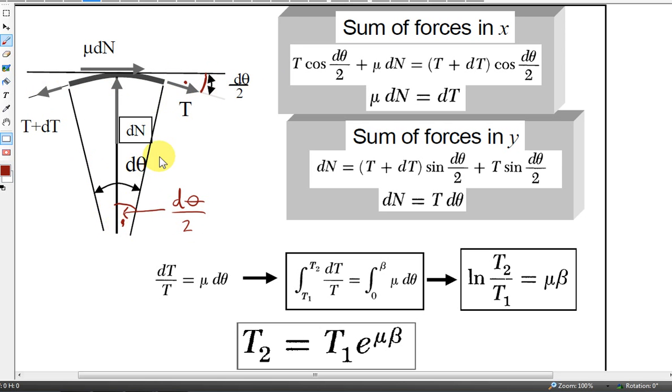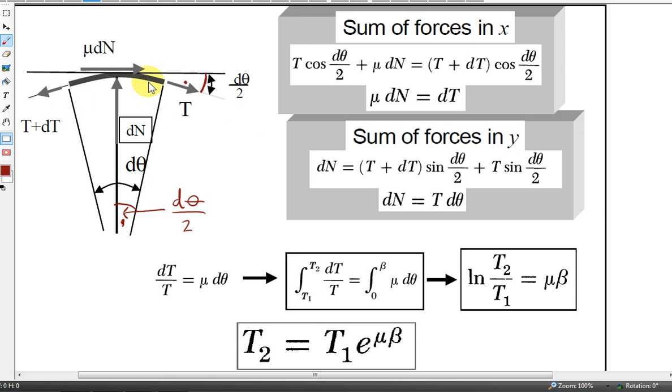Why is that? Because the pair of lines that this angle is between, this line and this line here, is perpendicular to this pair of lines. See, this line up here is perpendicular to the bisector of the angle, and this line that T lies along is perpendicular to this line here, because the line that T lies along is tangent to the circle that the belt lies over.